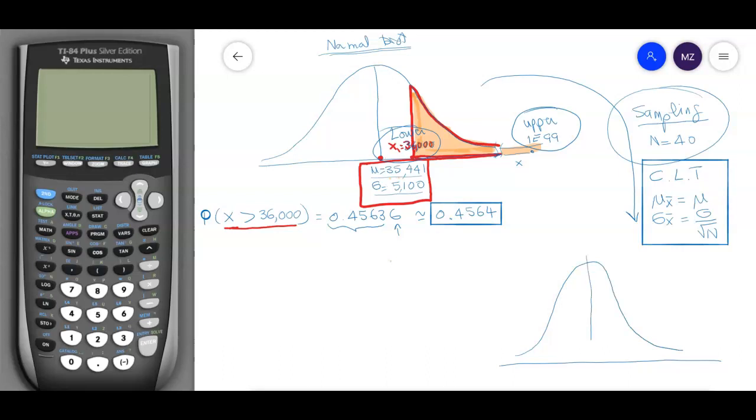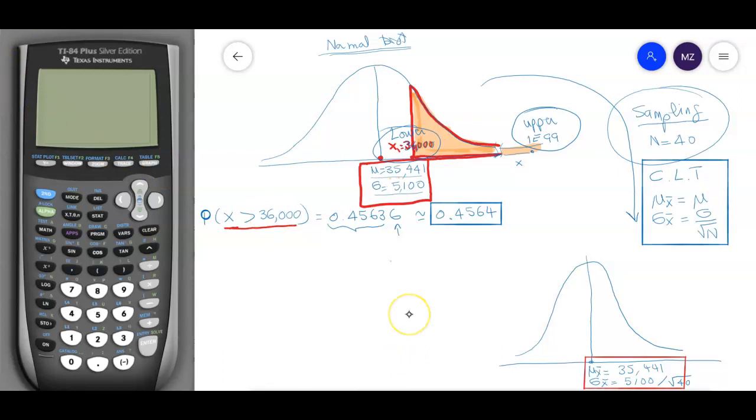The mean of this normal distribution is going to be called mu x bar, and this is 35,441, and the sigma x bar will be the old sigma, which is 5,100. However, you have to divide it by radical 40. No calculation is necessary for this. I usually keep it as it is, and I use it in the calculator.